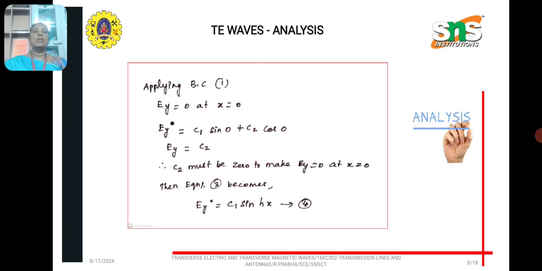So C2 must be 0 in order to satisfy the first boundary condition. Substituting C2 equal to 0, Ey0 has only the first term, C1 sin Hx.